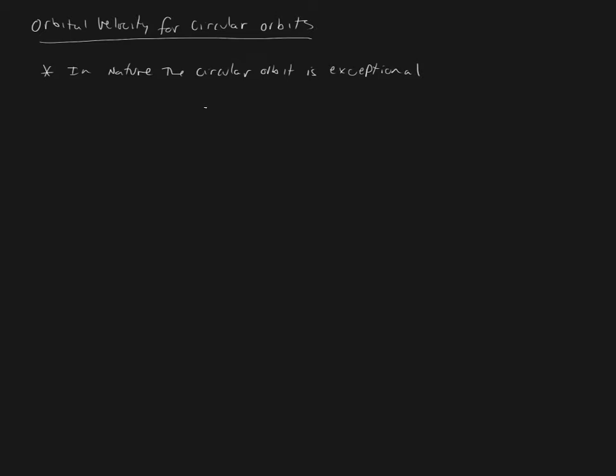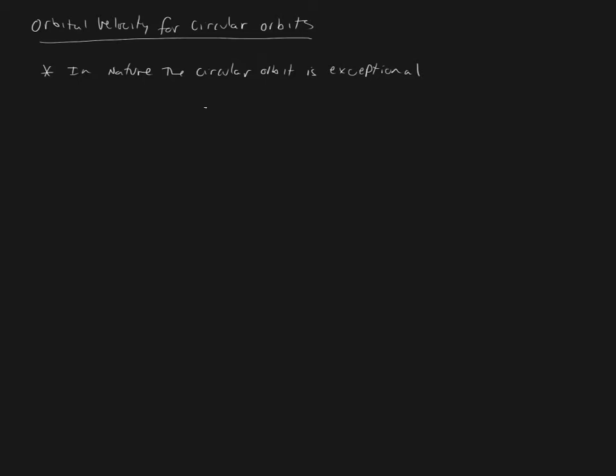Yes, the circular orbit is a special case if we're looking at natural orbits, or orbits for things that occur naturally. So we're talking about planets going around the sun, moons going around planets, things like that. Captured asteroids, for example. So in nature, it's going to end up being exceptional.